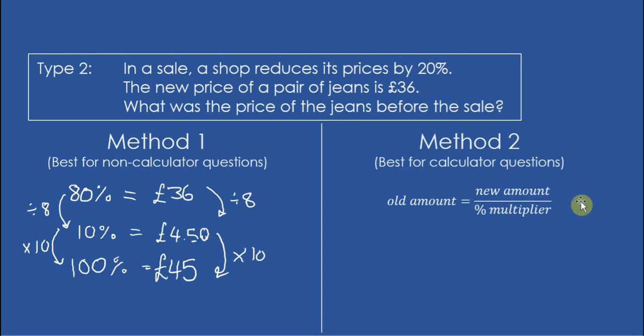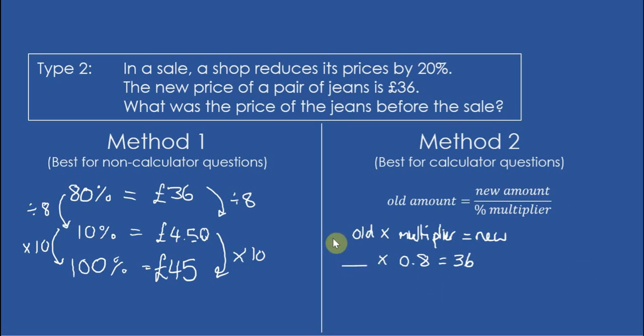We know that the old amount times by the multiplier would reduce it, in this case by 20%, and give us the new price. So we know the multiplier is 0.8. We don't know the old price, but we do know the new price. So just writing in the things that we know, that's what we would get.